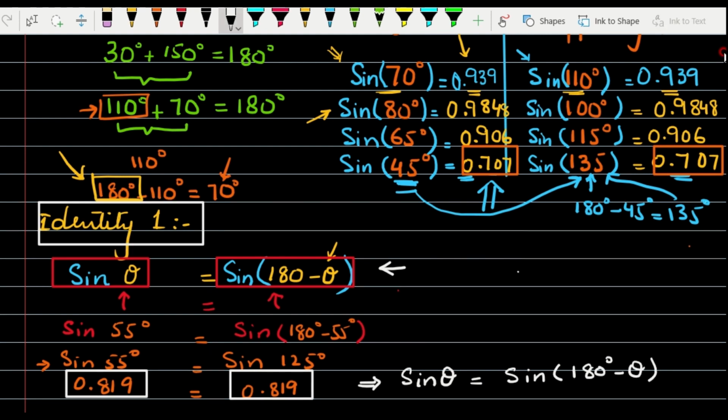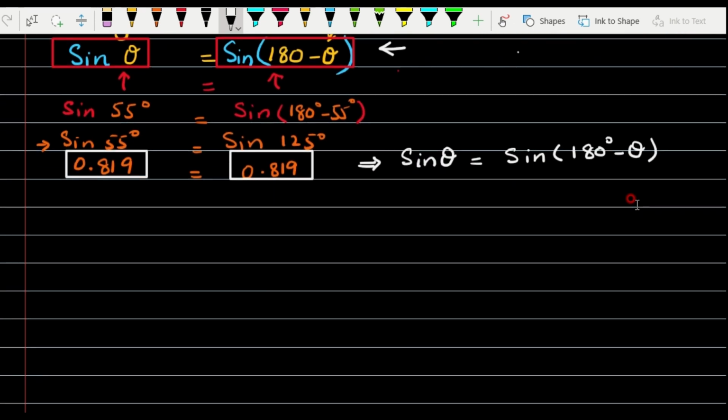Let's move towards identity 2. What if we want to check the same angle according to cos, with supplementary angles?